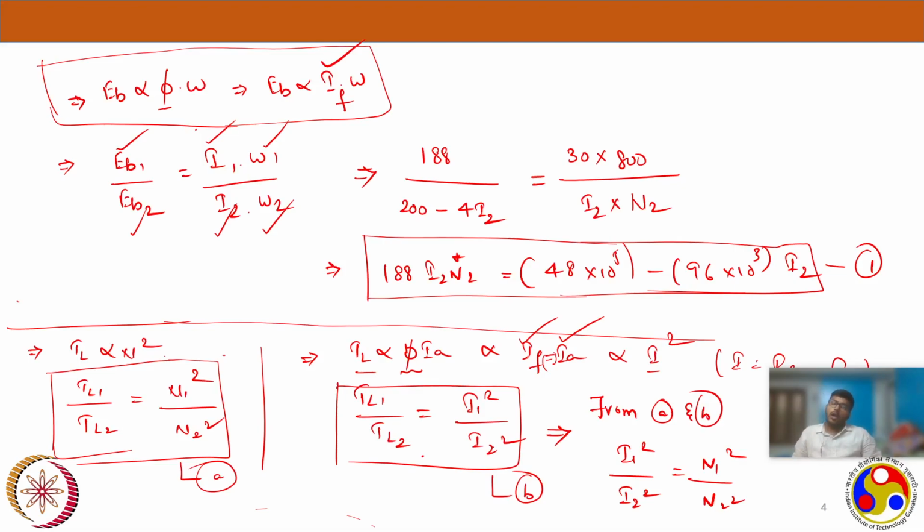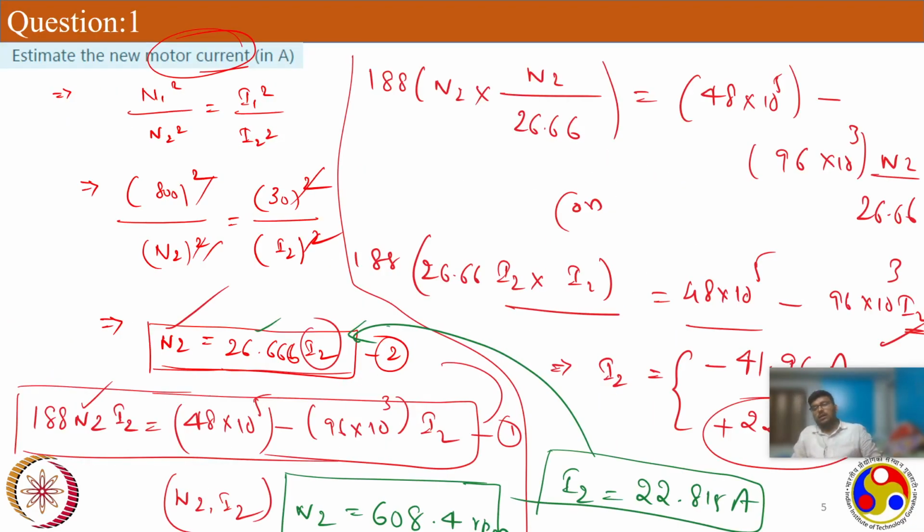With the load information, we arrived at equation 2. So there are two equations and two unknowns. We substituted 1 in 2 and carried on with the solution, and we got a quadratic equation. We solved that quadratic equation to get the new motor current, and we substituted the new motor current in equation 2 to get the new speed. So that's how we solved it.